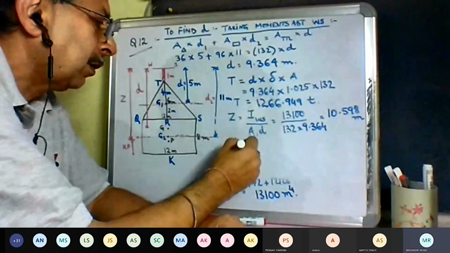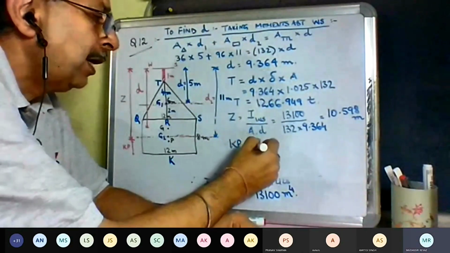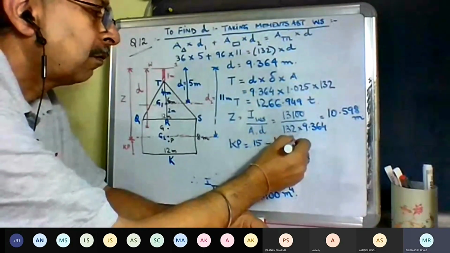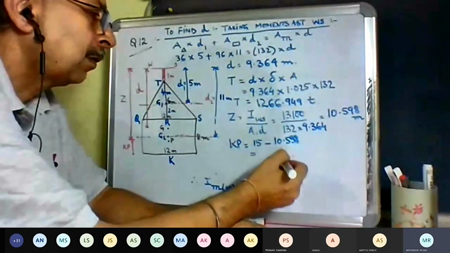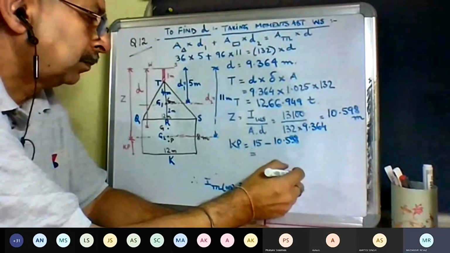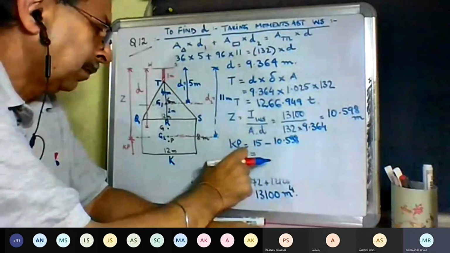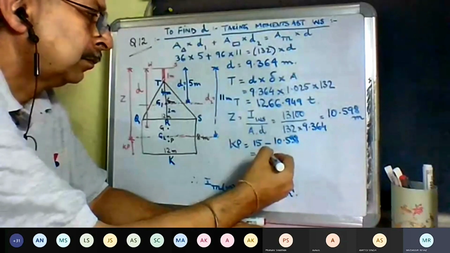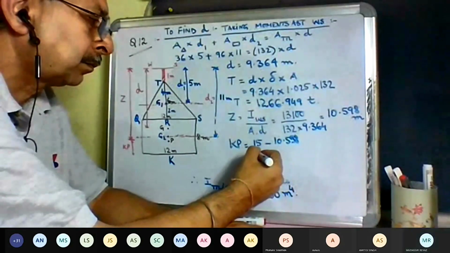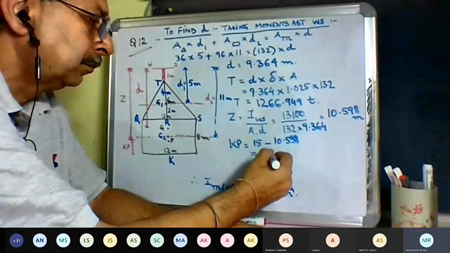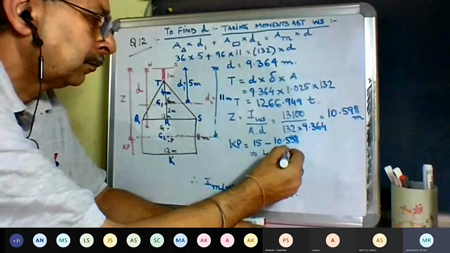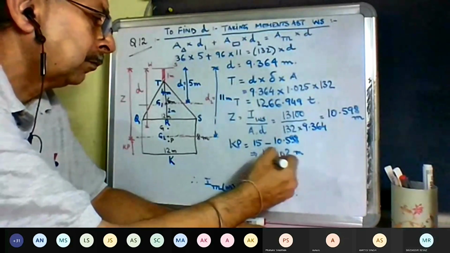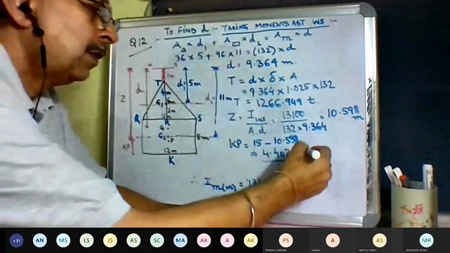Therefore, Kp will be 15 minus Z, which is 4.402. This is our answer.